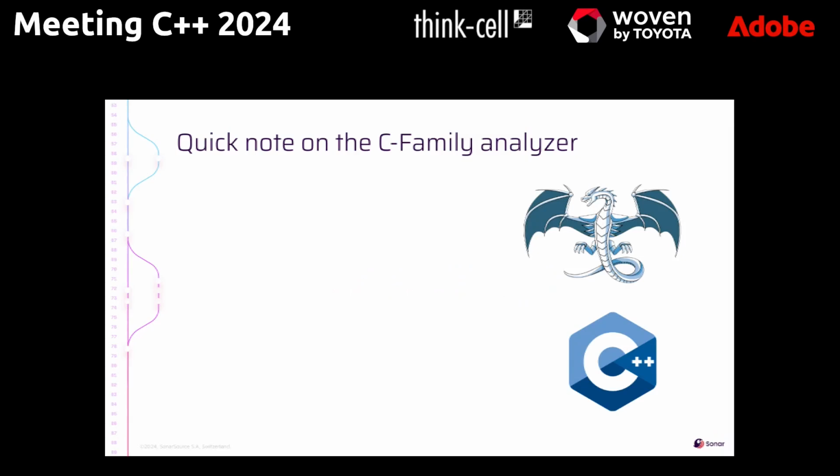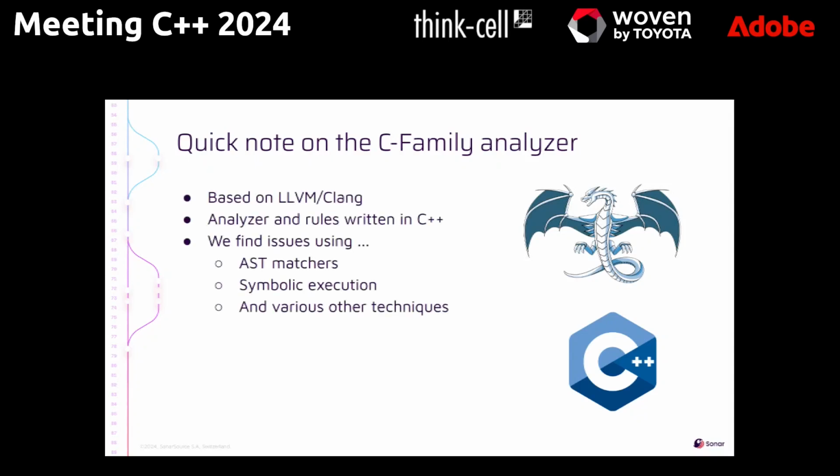Well, we employ various techniques at Sonar. So let me give you a brief overview on the C family analyzer. It's based on LLVM Clang, and the analyzer and the rules themselves are written in C++. And again, we use several techniques for finding issues, so violations of the rules that we came up with.